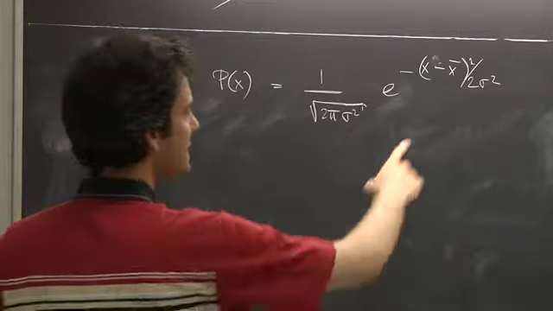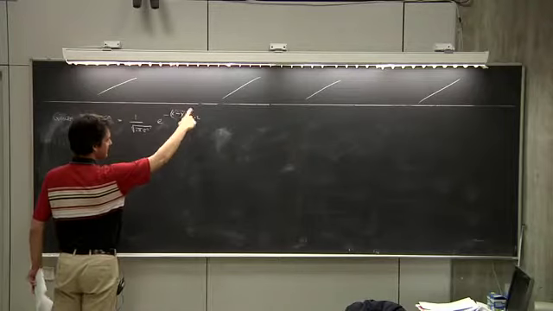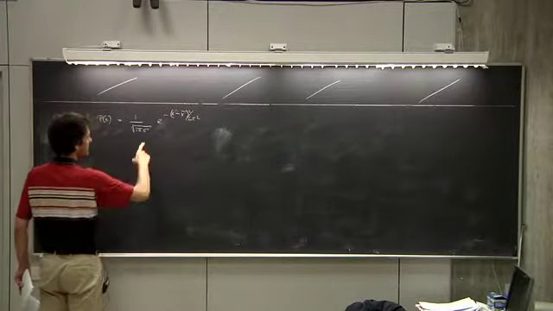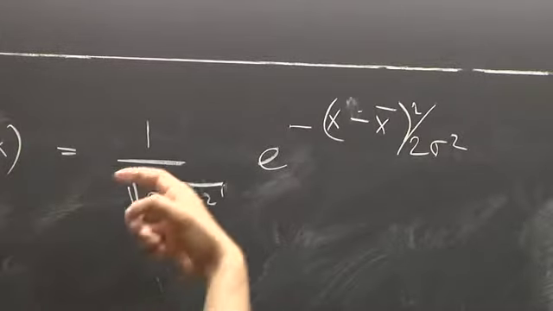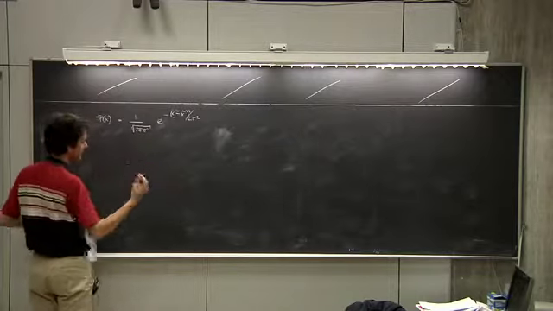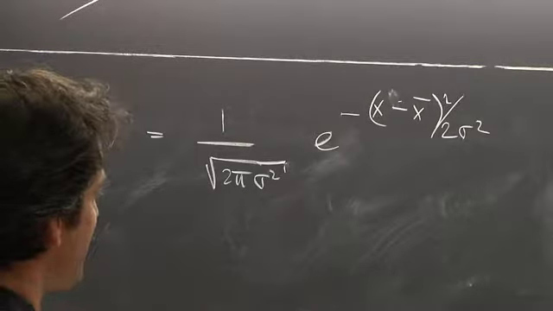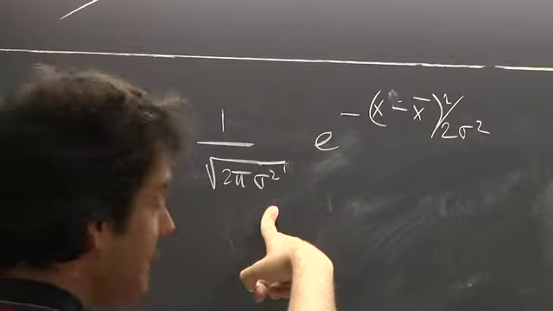right. So sigma has the same units as x. So if there's a square here, there must be a square here. For this to be a probability distribution, it should have units of 1 over x. If this is a length, for example, it should be in meters, so it should be 1 over meter here.